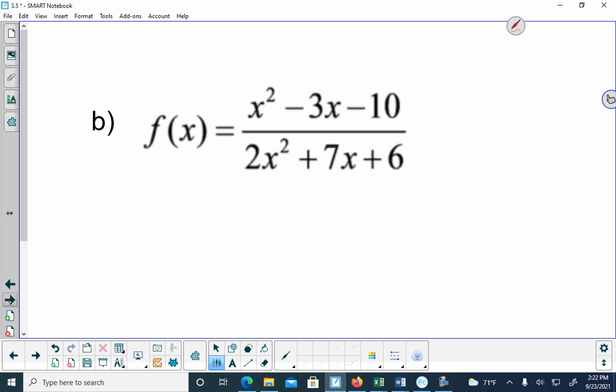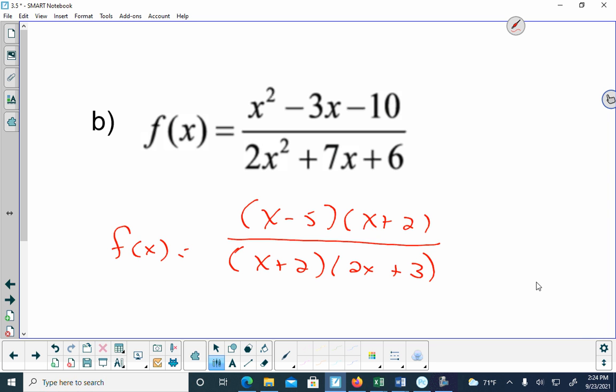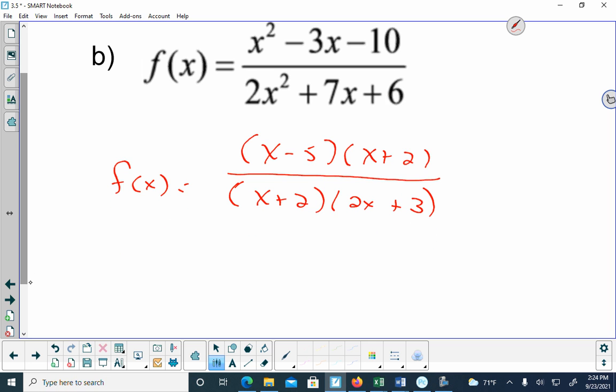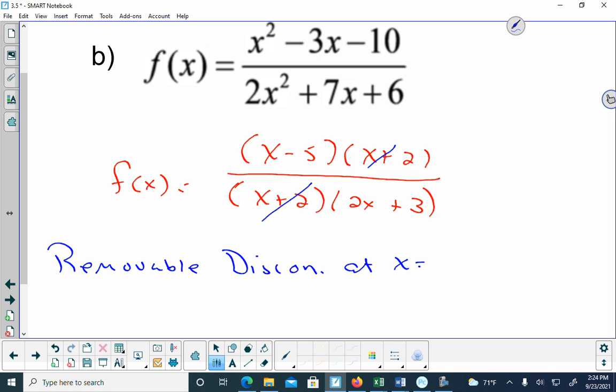Okay, this one. Try that one. Find the vertical asymptotes. So you factor the numerator, you factor the denominator. Here, I have a removable discontinuity at x is equal to -2.